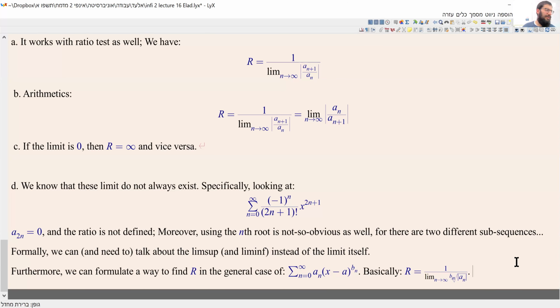Some years ago, I think it was 4 years ago, I taught a course that's not called Infi, it's called Hedva. It's basically the same, but more technical and less theoretical, a course for the engineers. I showed them this formula.